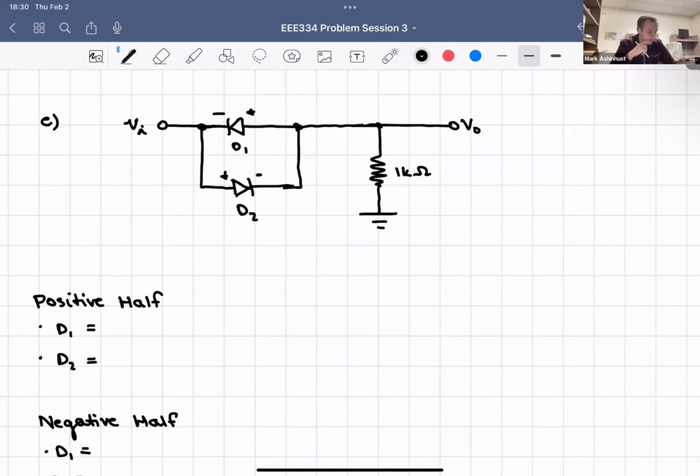D1 is going to be reverse biased. So D1 will not be conducting, but D2 will be conducting.